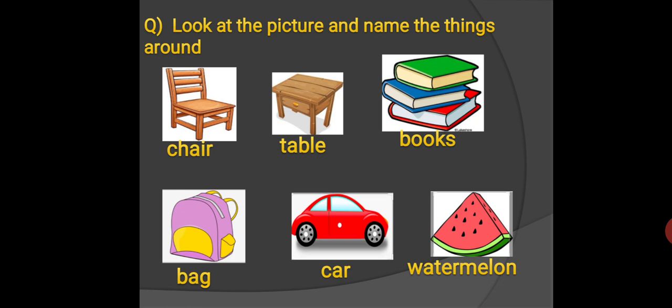Is that clear? I repeat once again. A noun can be a name given to a thing. From all these examples, we come to know that a noun is a name given to a person, place, animal, or a thing.